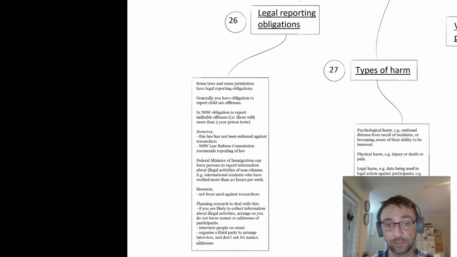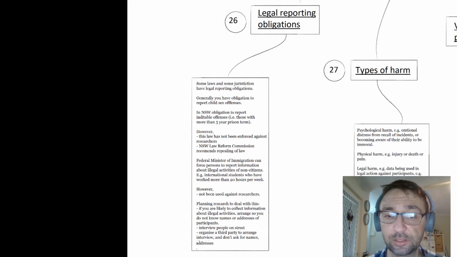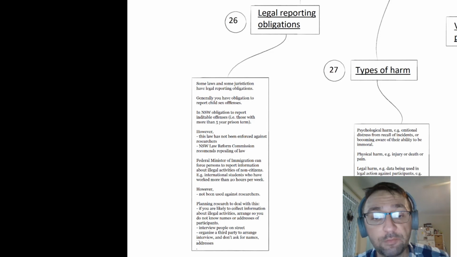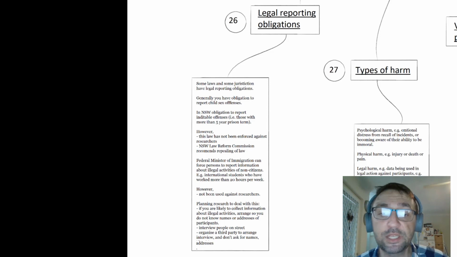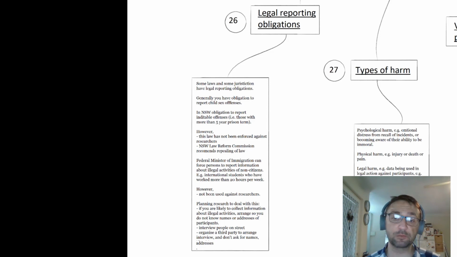Another example of a legal obligation to report is if the Federal Minister for Immigration, Peter Dutton at the moment, or it's actually another guy as well, David Campbell? I can't remember his name. Anyway, doesn't matter. These ministers can force persons to give information about the illegal activities of non-citizens.